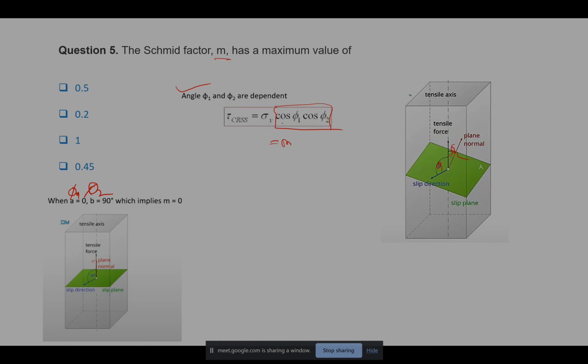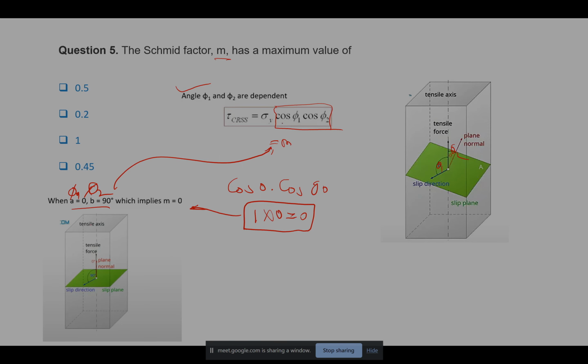So phi 1 is equal to 0, so we'll keep these values in this formula. So we'll get cos 0 into cos 90. So it will be 1 into 0, which is equal to 0. So m value will be 0.